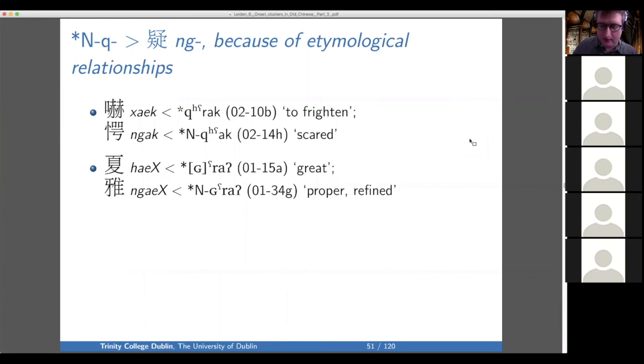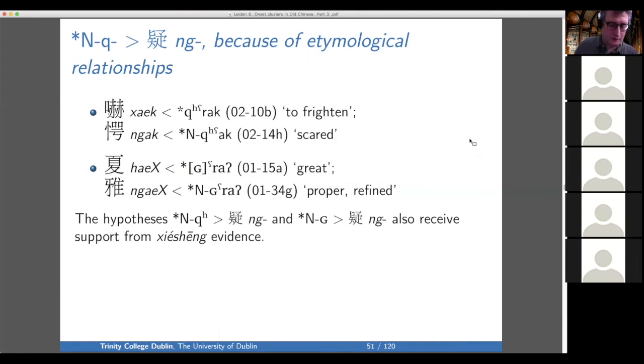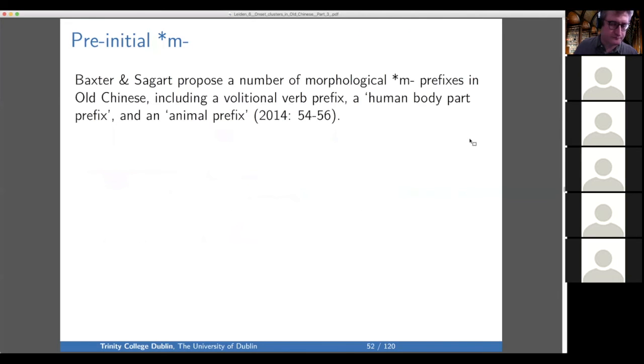And here, at least in the first one, it works in terms of the morphological function that we are proposing for this N prefix. So to frighten and to scare, to be scared, are related. And then maybe great and proper or refined are related. And as I mentioned, we saw xiesheng evidence for this proposal as well. Okay.